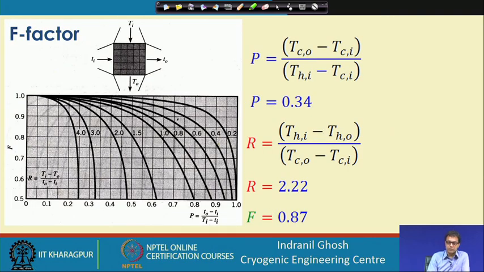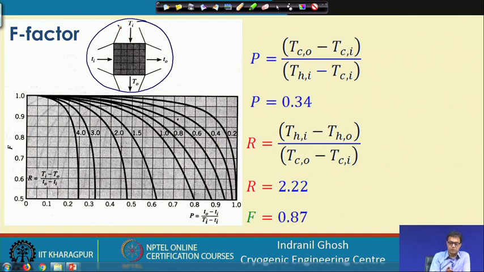Now if we look into the calculation of the F factor, we have to look for the correction factor for this configuration, where both the fluid streams remain unmixed. In our configuration, we have been told that both the fluid streams are not mixing with each other. So we identify the chart for the unmixed condition, which tells us the correction factor as a function of R and P. These are the two parameters.